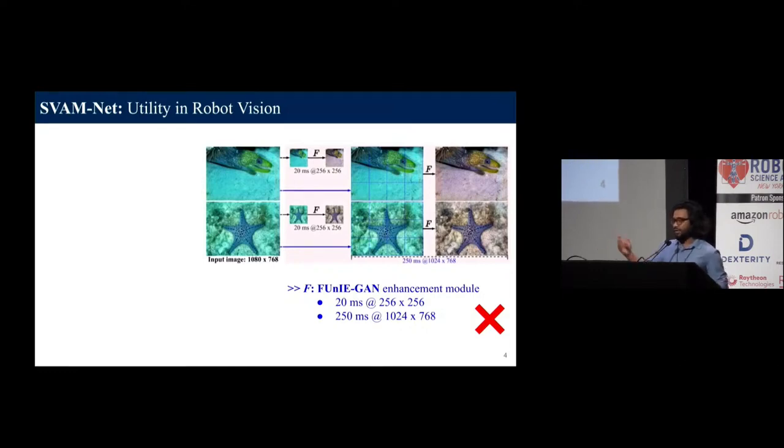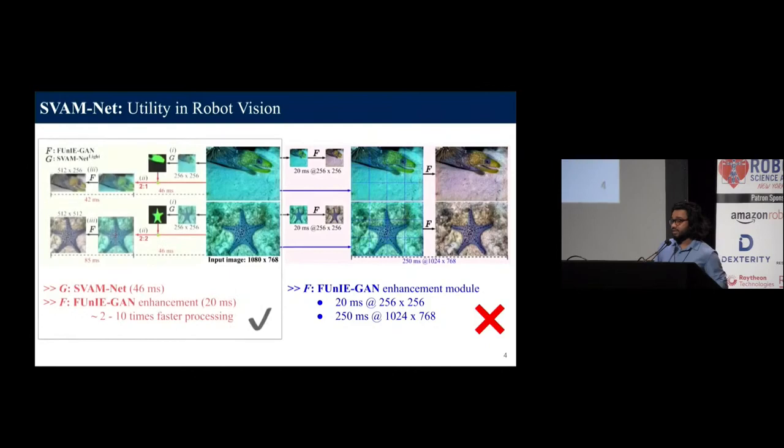To enhance all the patches, we need quite a heavy computational load, which is not possible on a single board device. So what we can do instead is run SVAMnet, look where the salient pixels are, and only enhance the patches that we need. SVAMnet runs in only 46 milliseconds. So depending on how big the salient objects are, we can get at least 2 times or up to 10 times faster processing.